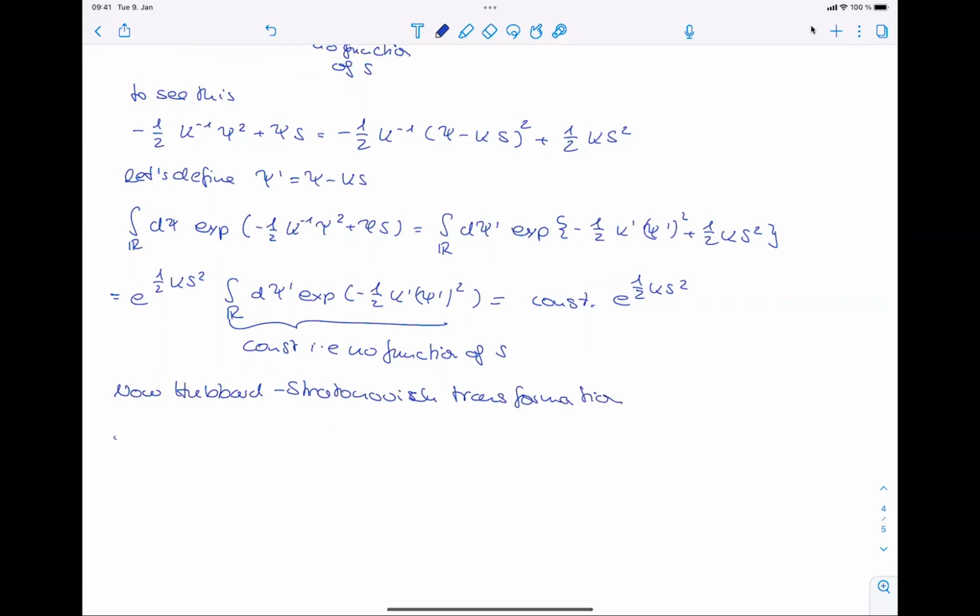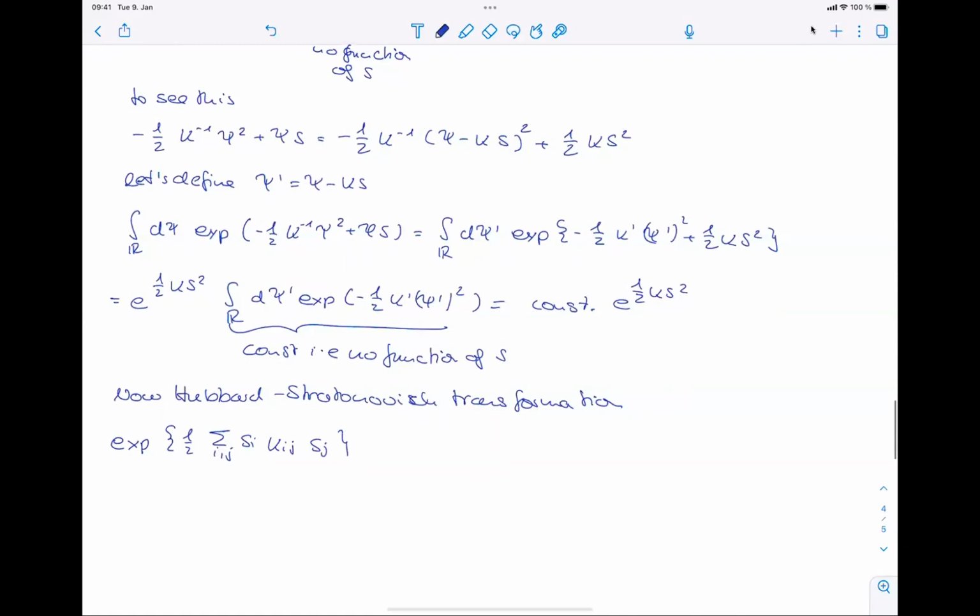In its full form, the Hubbard-Stratonovich transformation reads that I have on the left-hand side e to the half sum over i, j of s_i K_ij s_j, and that's then also a constant times an integral over the field configurations of all spin sites.